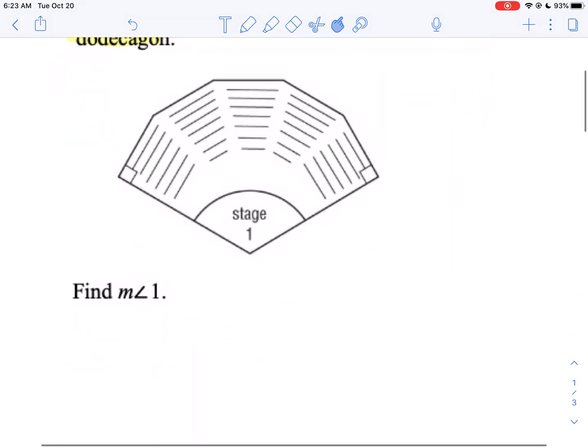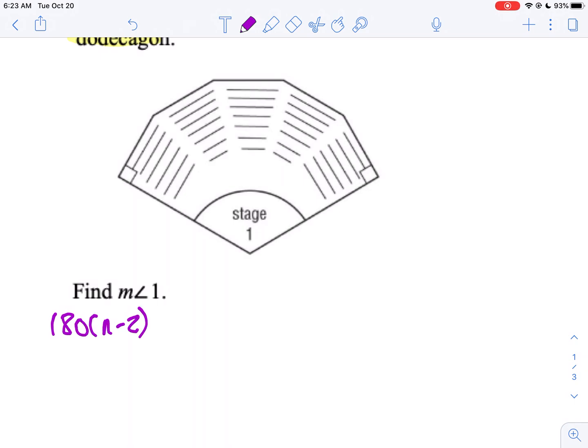So we know the measure of each angle of a regular polygon follows the formula 180 times n minus 2, divided by n. And in this case, n is 12. So we take 180 times 12 minus 2, and we're going to divide by 12.